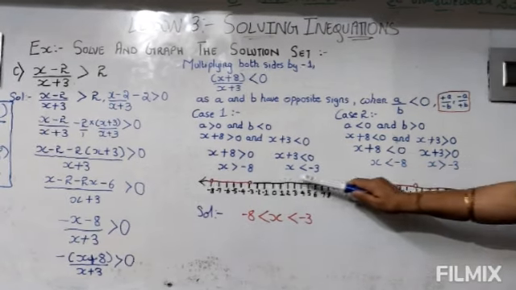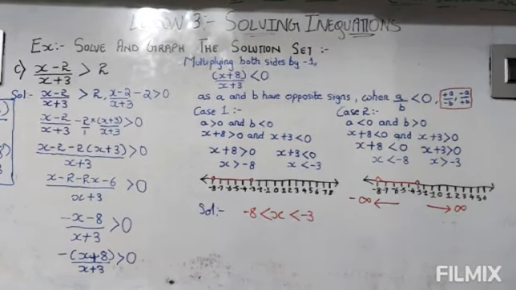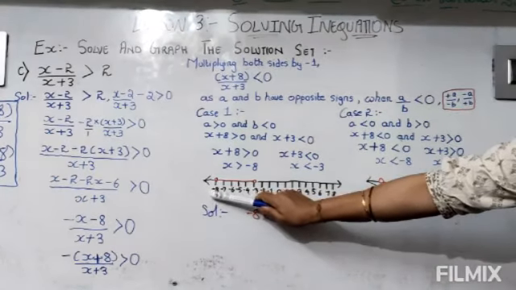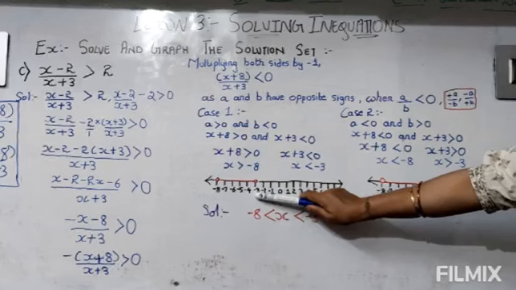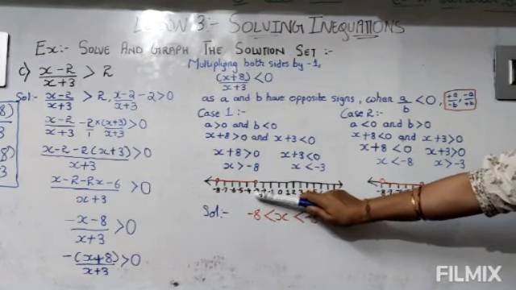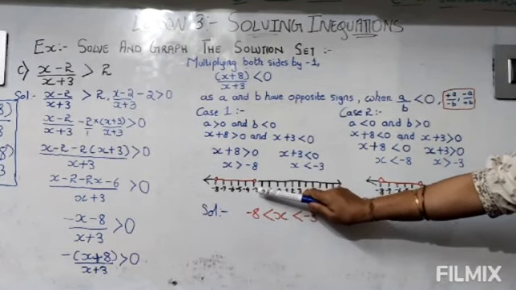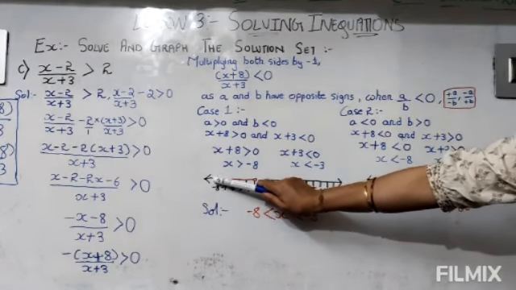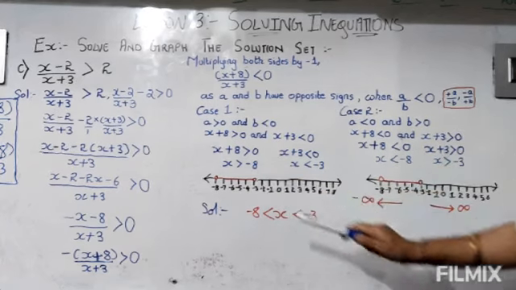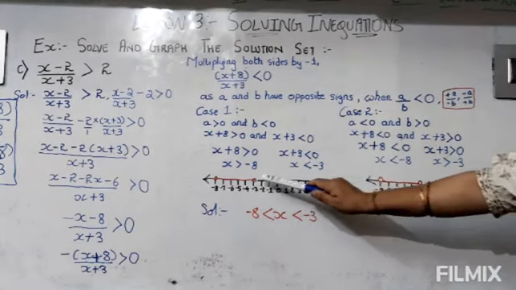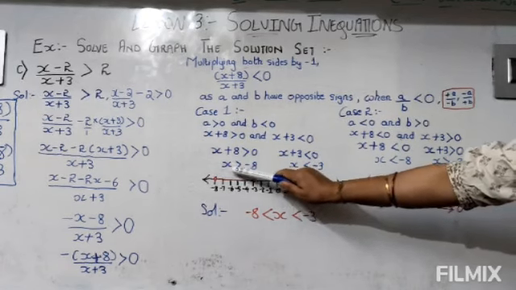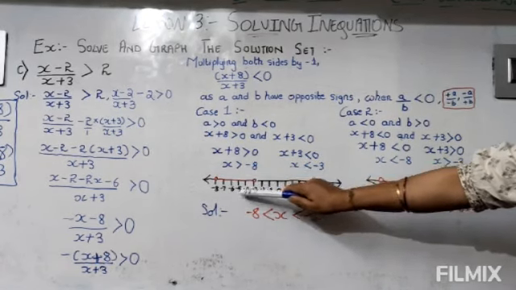Look at the number line here. I have plotted minus 8 here and minus 3 here. X should be greater than minus 8, so somewhere it should come here. X is less than minus 3, so somewhere it should come here. Therefore x should be somewhere in between.